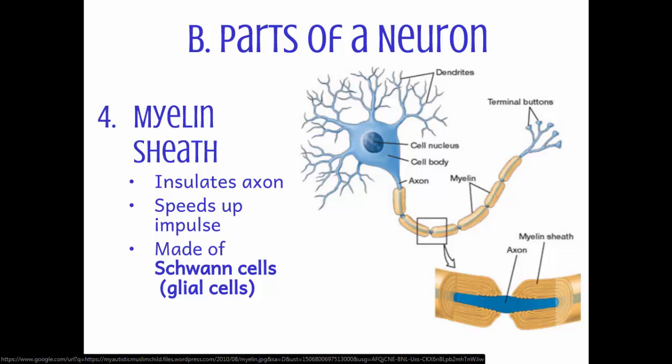It's made up of some glial cells, and glia is like a fatty type of a cell, and the specific glial cells that make up the myelin sheath are called Schwann cells. So those Schwann cells are like a glue. They're fatty, and it protects that axon and the messages that are being sent.